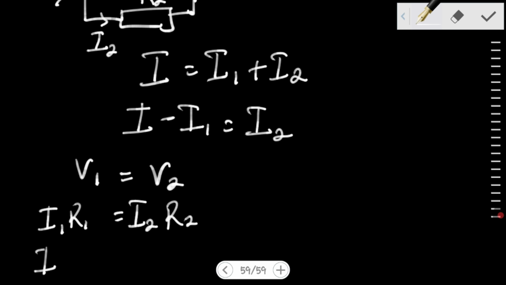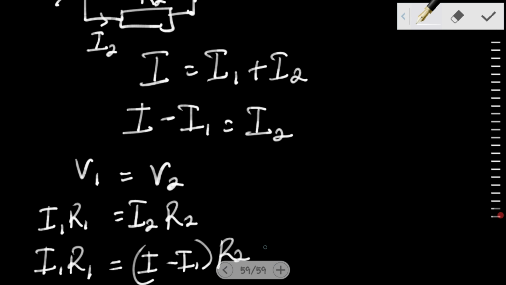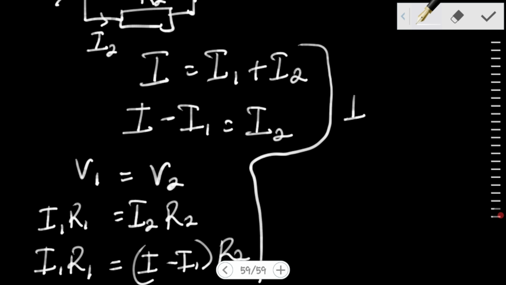So I1 R1 equals I2, which is I minus I1, times R2. Extending this, I1 R1 will be equal to R2 I minus R2 I1.